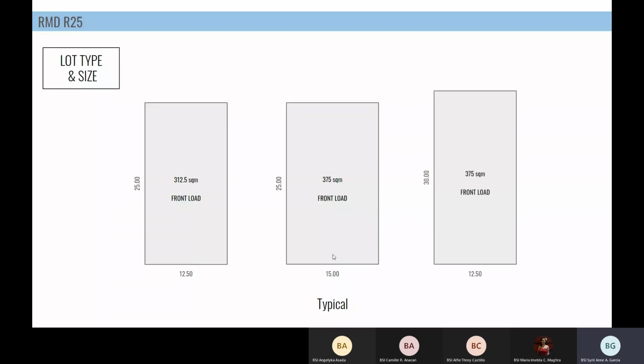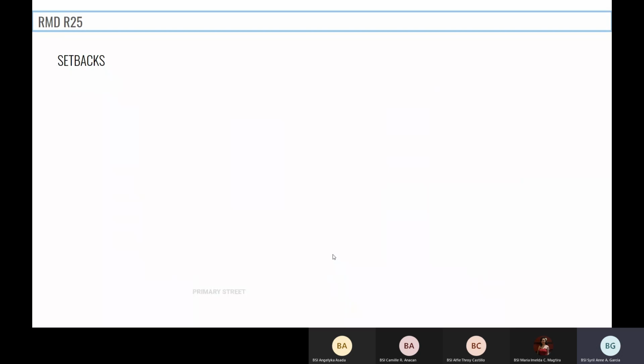The area of this is 375, and as you can see under R25, front load is the typical orientation or layout of the planning.